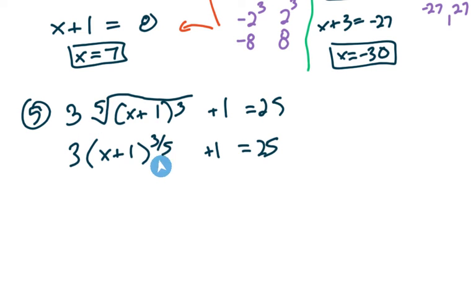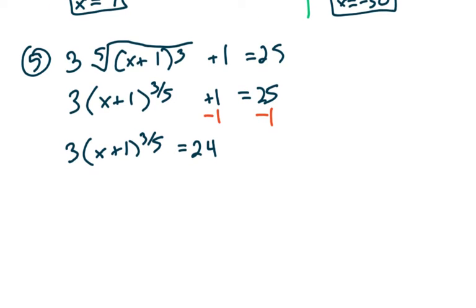So we need to get x plus 1 to the 3/5 power by itself. So I need to get rid of the times 3 and the plus 1. So what I'm going to do first is subtract 1 from each side. Then to get rid of the 3 in front, I'm going to divide each side by 3.